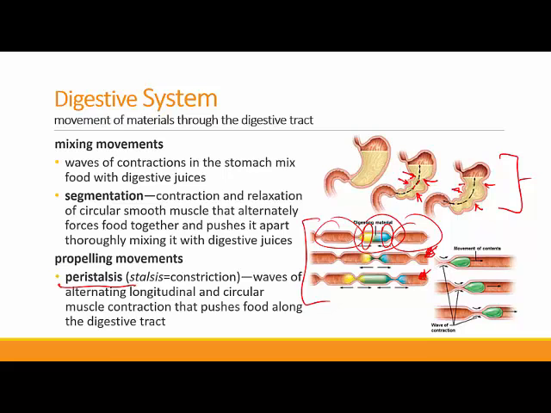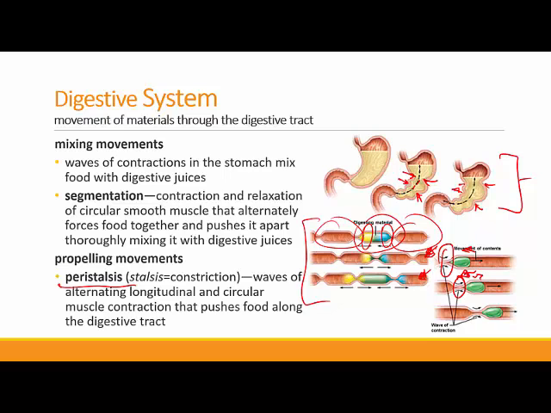So if the segmentation movements are primarily the circular muscle doing the contracting work alternatingly, with peristalsis, first we see a contraction that prevents food from traveling backward, and then we see the longitudinal muscles contracting backward, which helps to push the food along, and then as the longitudinal muscles are relaxing, this segment of the digestive tract will contract, and that will then force the food forward.